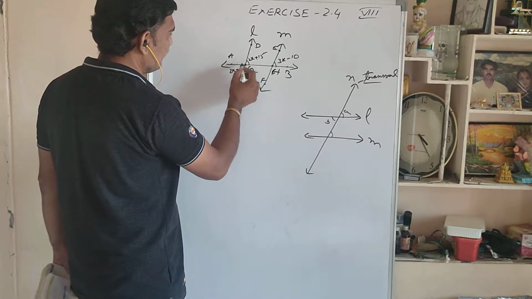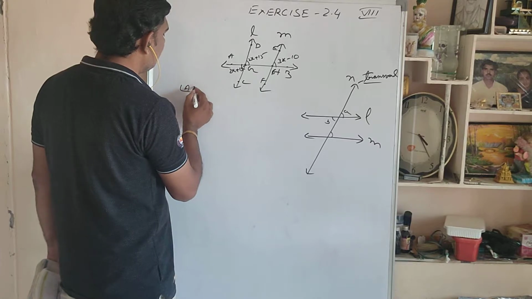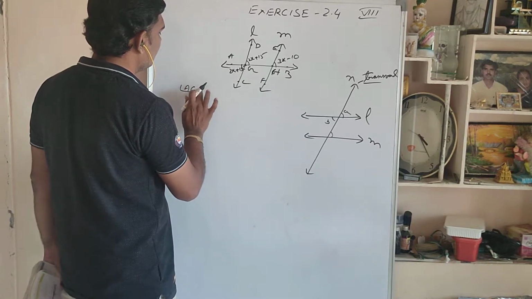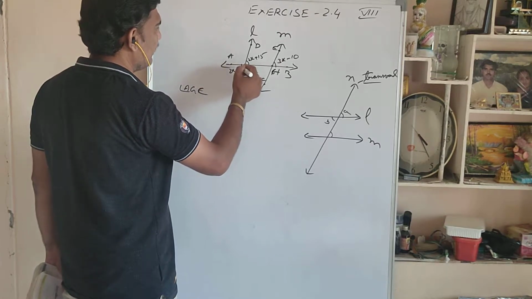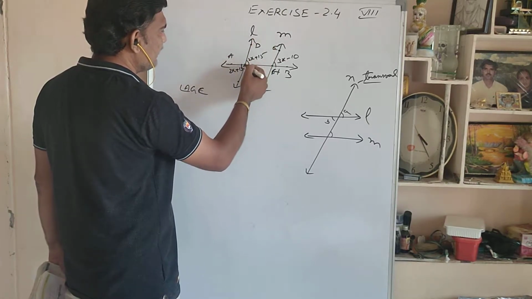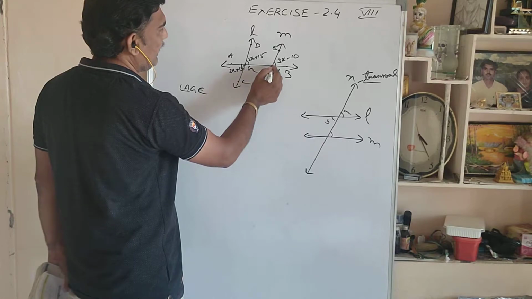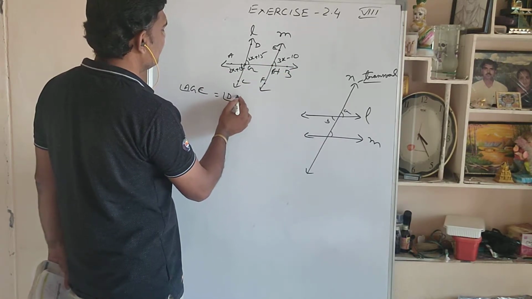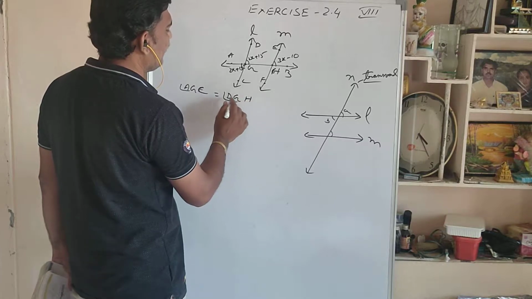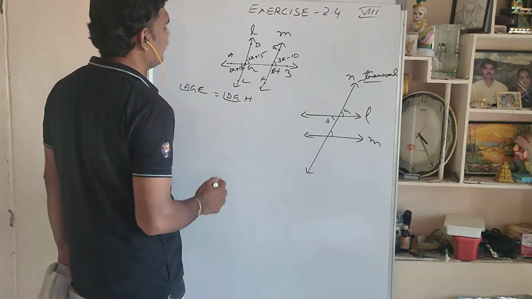Angle AGC means this angle. And angle DG, you can write H or you can write B. Angle DGH you can write. DGB also you can write.